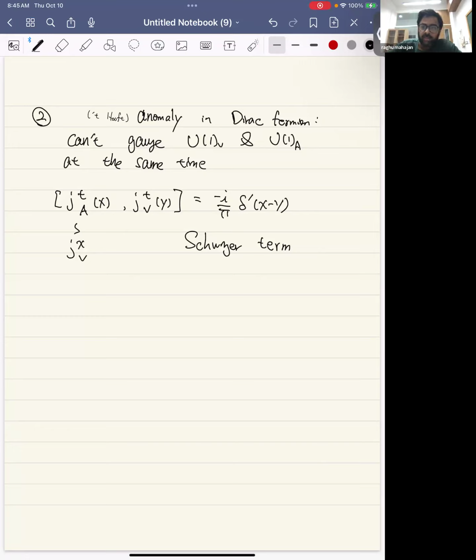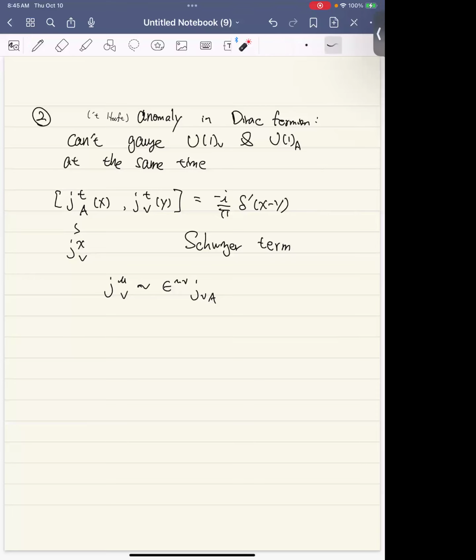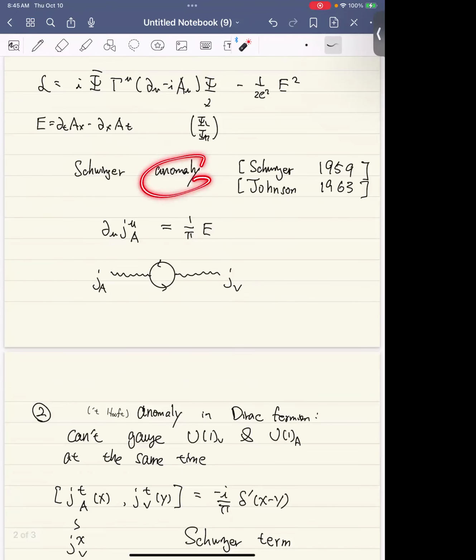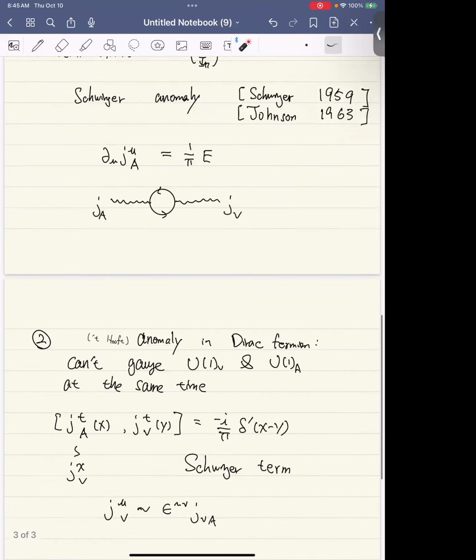Yeah, because J^μ_V is roughly epsilon^{μν} J_ν^A. So indeed, if you look at Schwinger's paper, he phrased everything in terms of J_V. That's the reason why I said I feel like the anomaly was not really pointed out in Schwinger's paper. But if you look at Ken Johnson's paper, he relates the vector currents to the axial current.